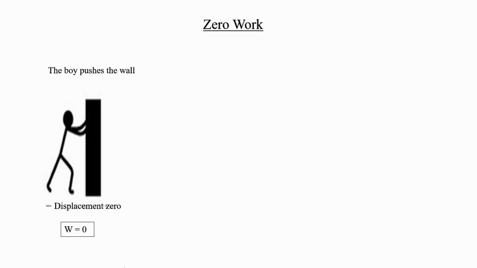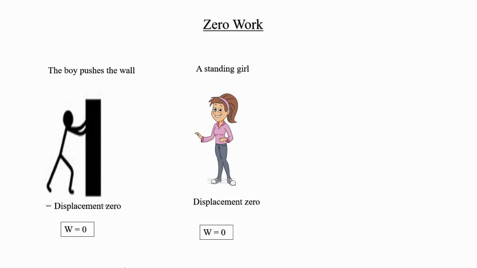Few more examples of the zero work. The boy pushes the wall. Displacement of the wall is 0. Therefore, work done by the boy is also 0. A standing girl. Displacement of the girl is 0. Work done by the girl is 0.